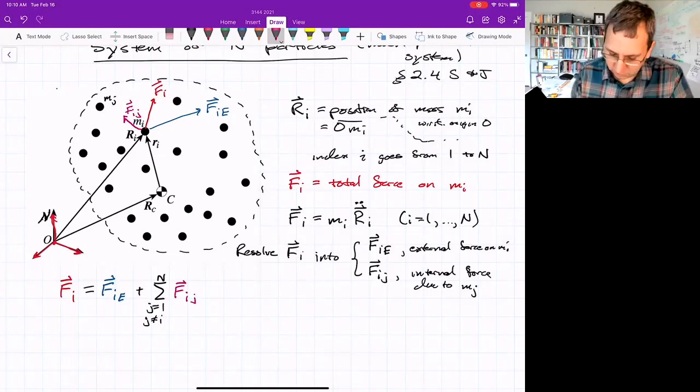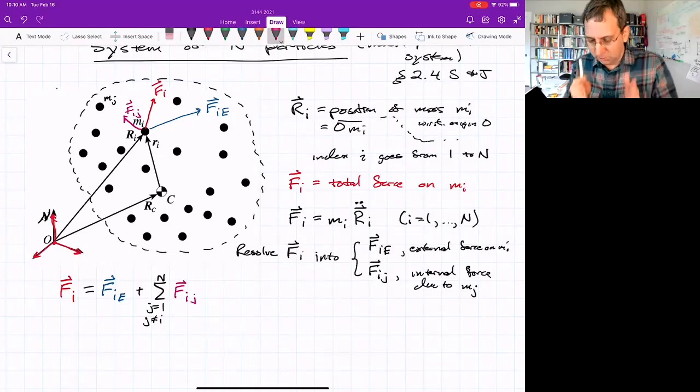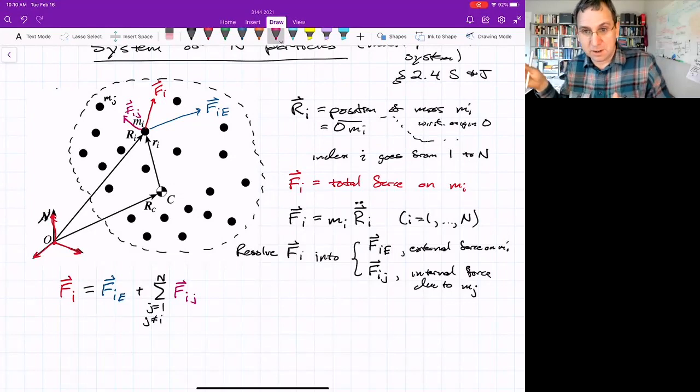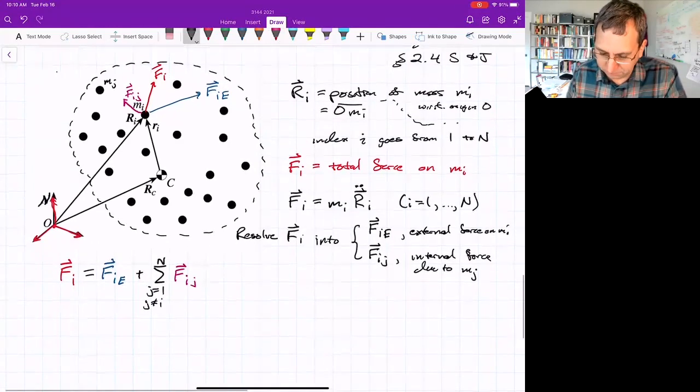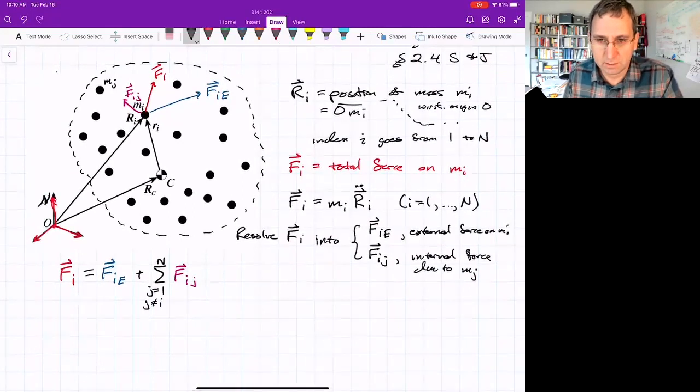So we can resolve total force into external plus this sum of internal forces. And now we'll do something interesting. We want to know the total force on this system of particles.